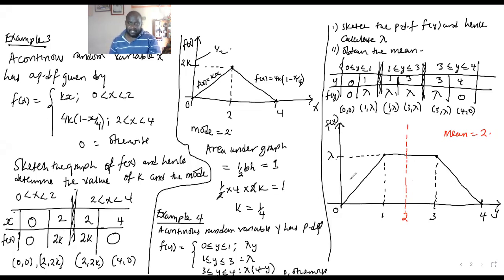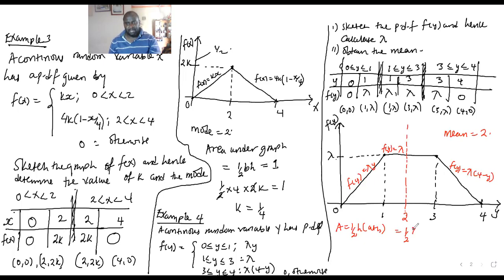Then you can see that this is f of y, which is lambda y. This one is lambda. This is f of y, which is actually lambda into 4 minus y. Then this one, f of y is lambda. Total area under the graph, this is the trapezium. Area is equal to a half h of a plus b, which is going to be equal to a half of h.